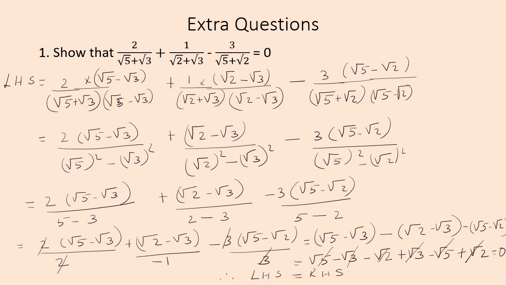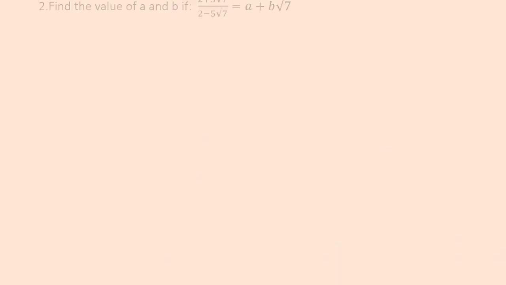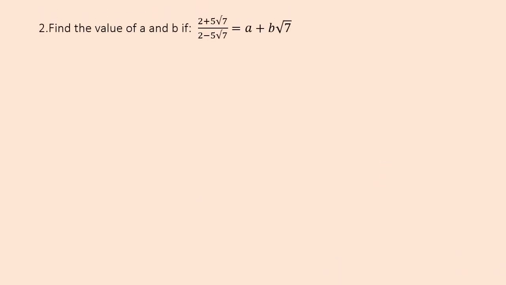So you have proved 2 upon root 5 plus root 3 plus 1 upon root 2 plus root 3 minus 3 upon root 5 plus root 2 equal to 0. Question number 2. Find the value of A and B if 2 plus 5 root 7 upon 2 minus 5 root 7 equal to A plus B root 7.